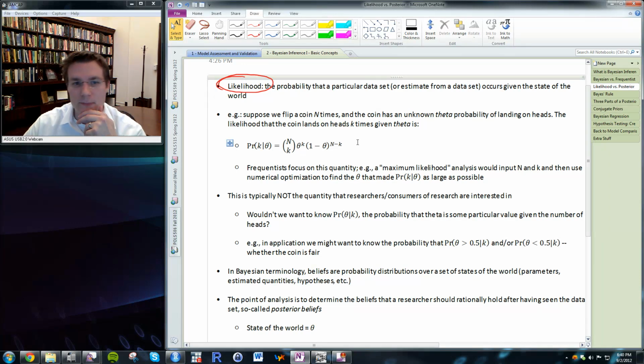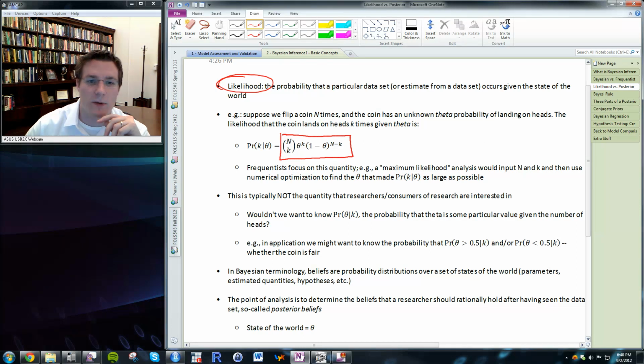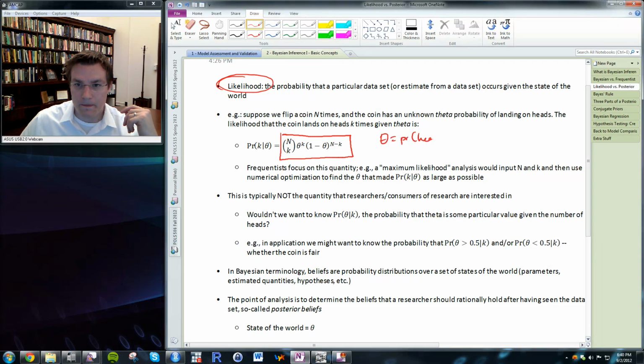So a frequentist would say, okay, well, the likelihood that I run n trials and see k heads or successes is given to me by the Bernoulli PDF, which is right here. Sorry, this is a Bernoulli PDF, not the CDF. I misspoke there. And that's just given by theta, which is the probability of a head. So theta is the probability of heads.